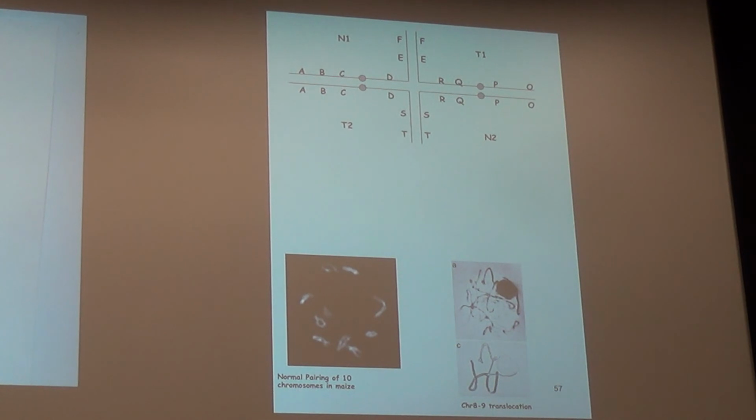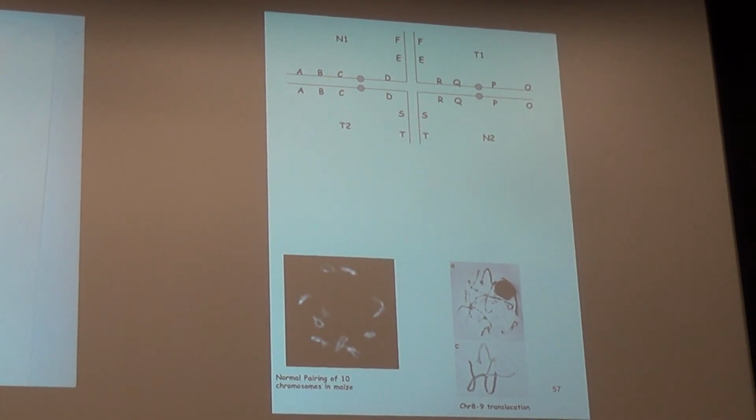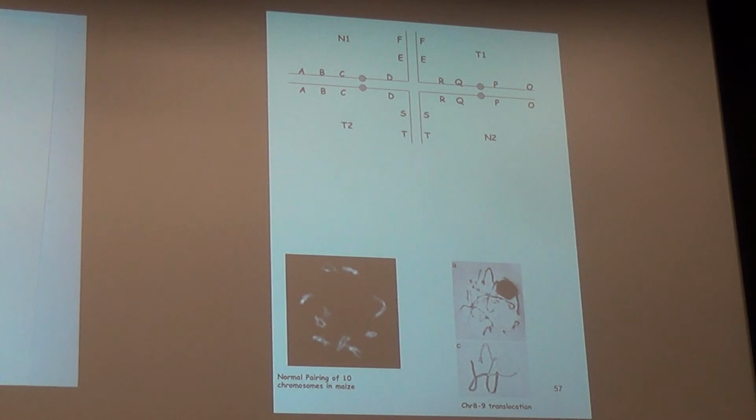you end up with chromosomes that are normal because you have N1, N2, and T1, T2. Those are the chromosomes that look like the parent, and they have no loss of genetic information. So one third of the meiotic products of a translocation are normal, two thirds of them are abnormal. Now, this is in theory. In practice, the numbers are slightly different because these chromosomes do have a preference of how they line up at the single pole.